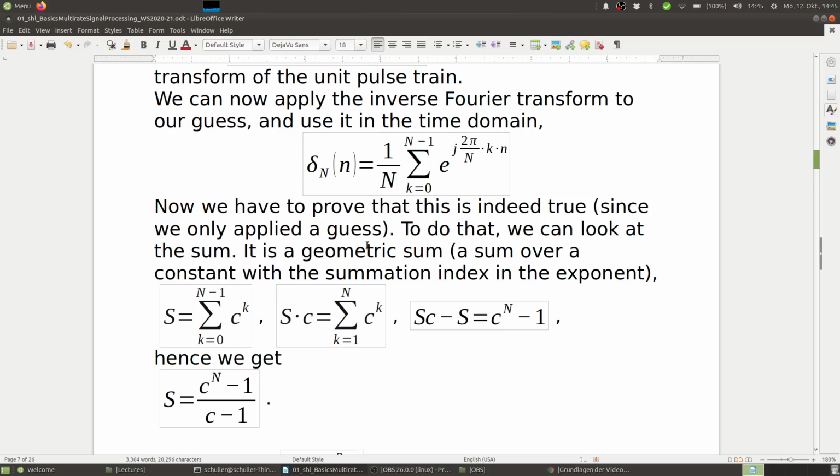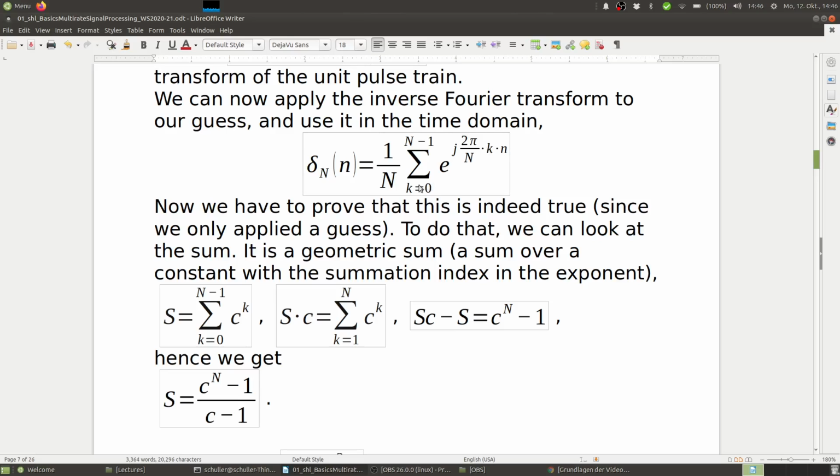And to do that, we can take a look at the sum. It's a geometric sum, as you can see here. So this sum goes from k equals 0 to n minus 1. And then we have this sum index here appearing in the exponent of this exponential function. So you can assume this e to the j 2 pi over n times k is, well, the other way around.